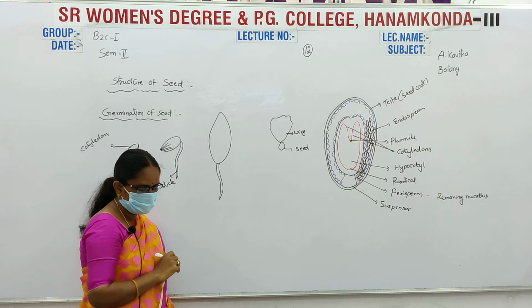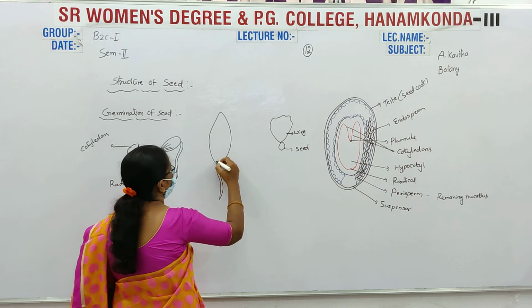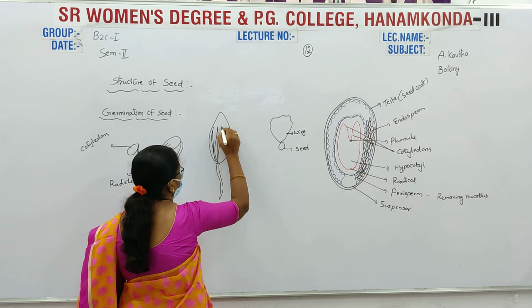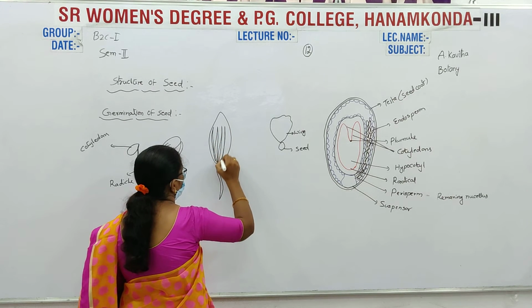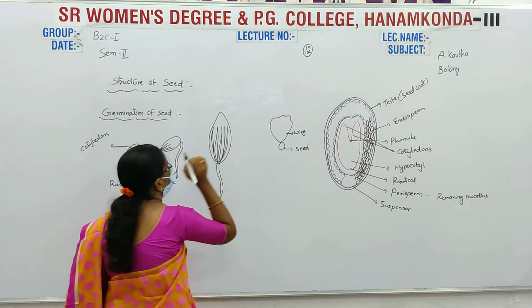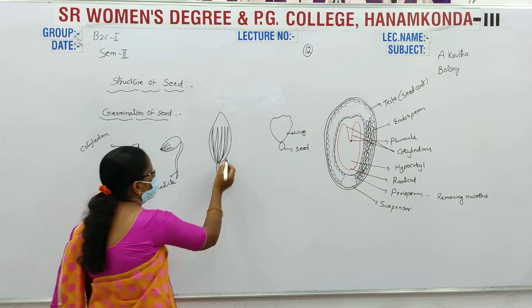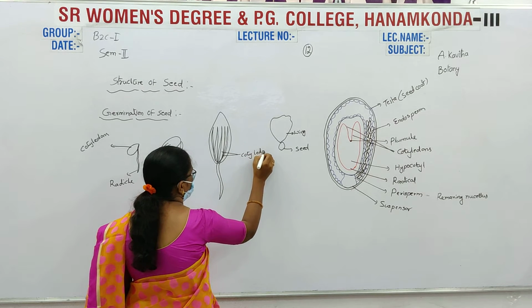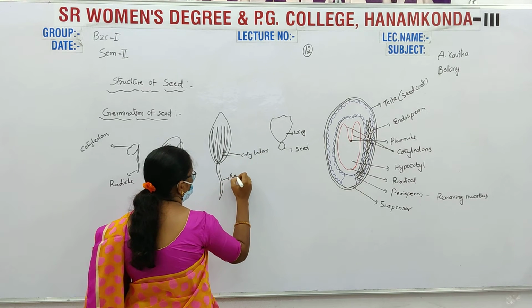The radicle develops a root system. These are the cotyledons. This is a radicle.